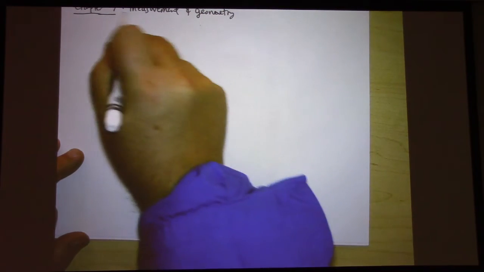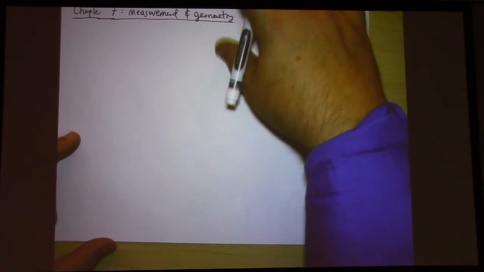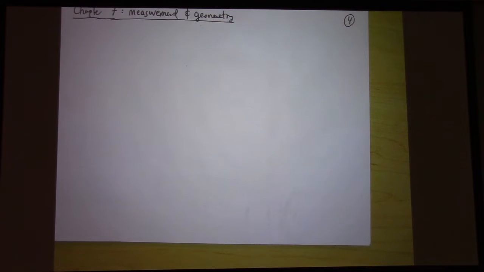So let's just start carving away some examples here from the homework.